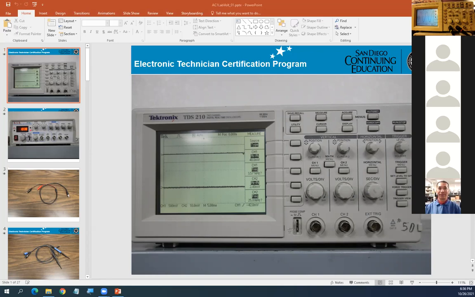VAB has to be VA minus VB. So that's why when you connect to VB, they tell you to invert it. That means 180 degrees out of phase. So when you add positive to the negative, it's the same thing, VA minus VB.